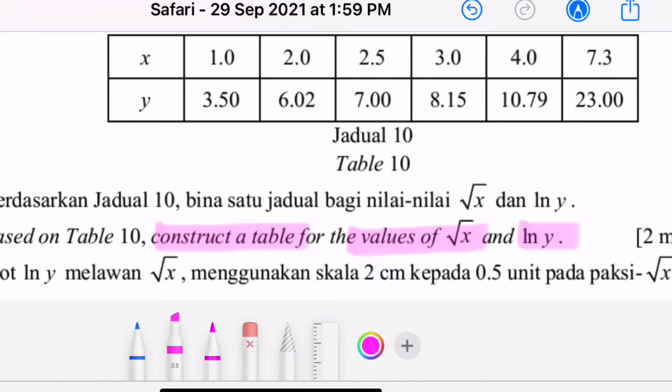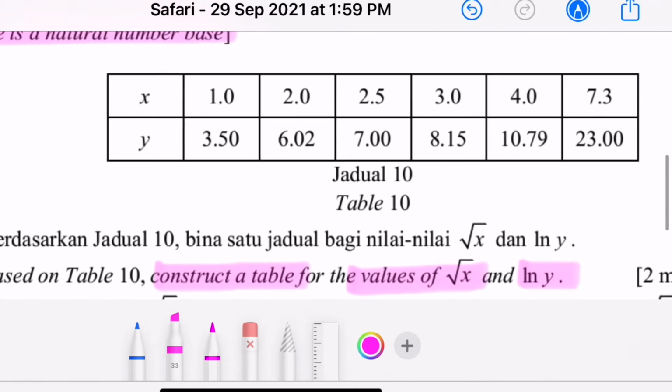So now let's get ready with the calculator. We need to create a new table with square root x and also ln y, right? So let's create the table, and then we will draw the graph based on the new table.